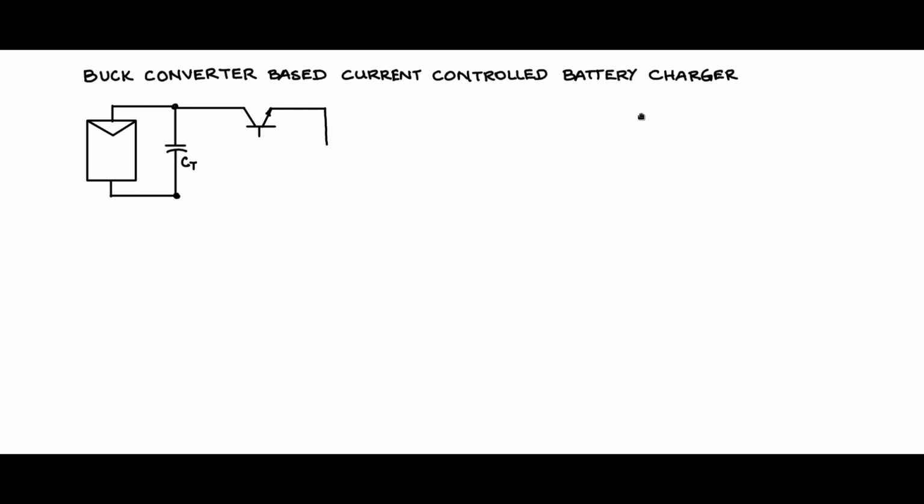So I have a BJT switch. Now this BJT switch can be replaced with a MOSFET switch or an IGBT switch, a power semiconductor switch, followed by a diode, and I have an inductor, and following the inductor I am not going to place a capacitor. Instead of the capacitor I will connect a battery in this fashion.